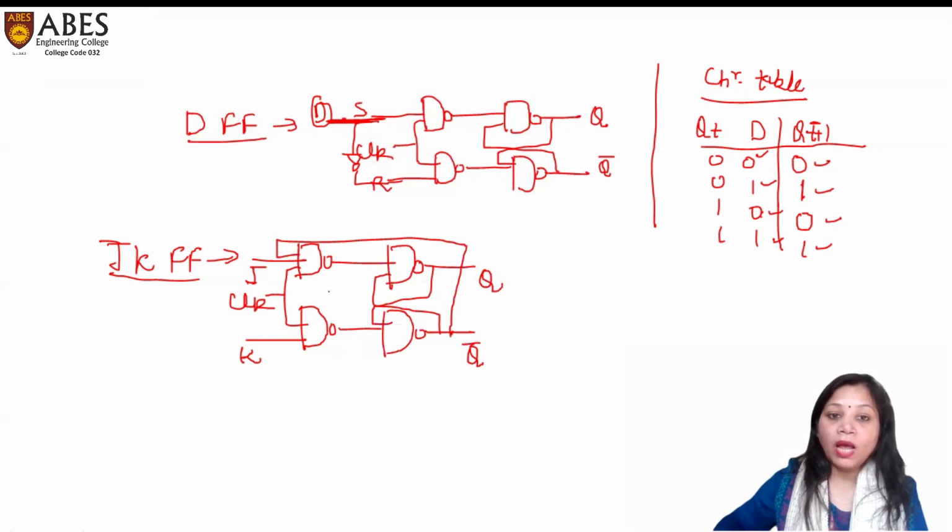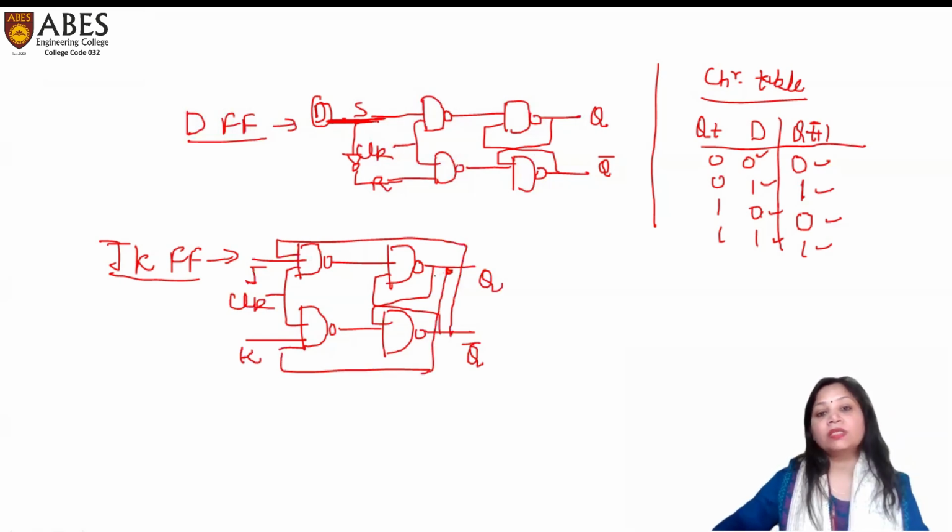This is Q. And the next third input of this NAND gate is connected to the Q. This is the difference of SR and JK.